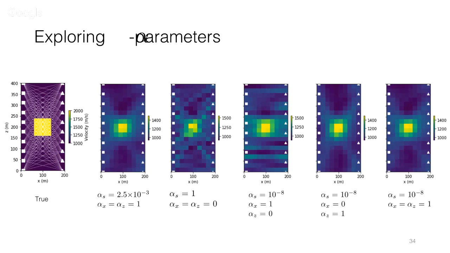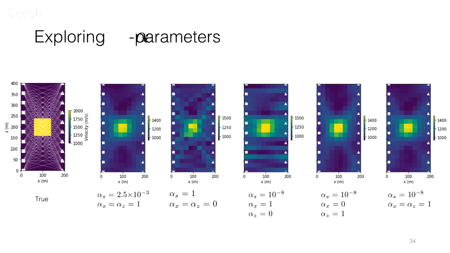It's got a lot of structure to it, ups and downs. You've tried to find a solution that's as close as possible to 1,000 meters per second, but you haven't really done a nice job.